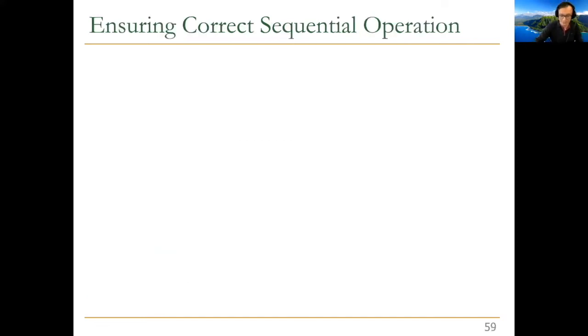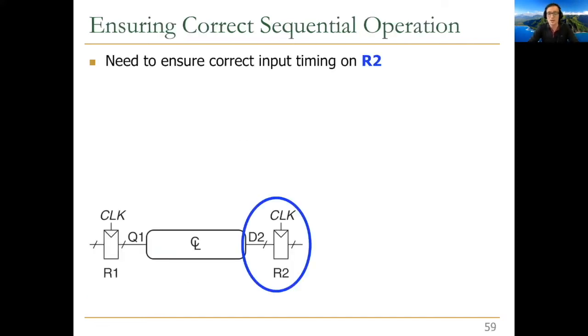So how do we ensure correct sequential operation? You need to ensure correct input timing on R2 over here. This is why things become easier if you think about things as R2, for example. You need to latch the output of the combinational logic, D2, into R2, and you want to latch the correct data, right?